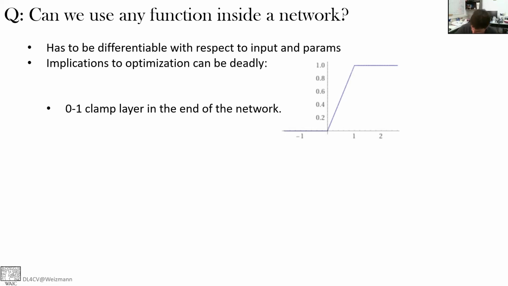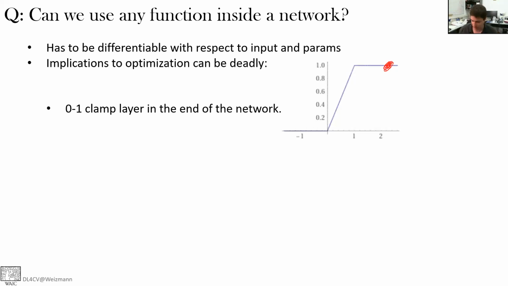Okay, so this is the value I get, 2. Now I need to take the derivative with respect to one layer before. What is the derivative here? Yes, the derivative is 0. The gradient is going to be 0.